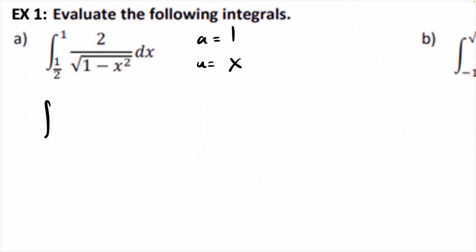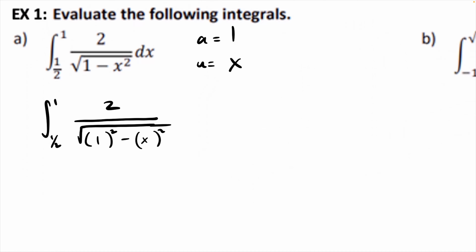So we have 1, 1/2, 2's on top. Then we have square root, and then a squared minus u squared. Oops, not 1, it's x, dx.